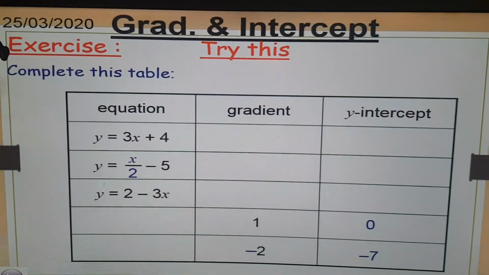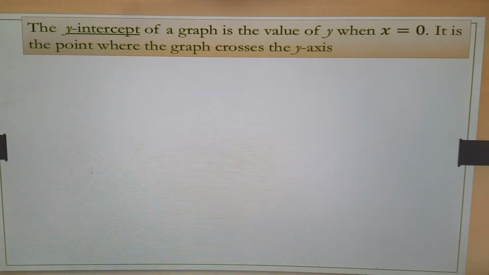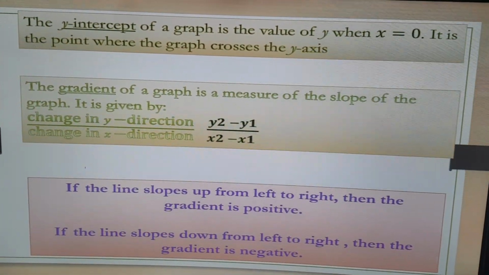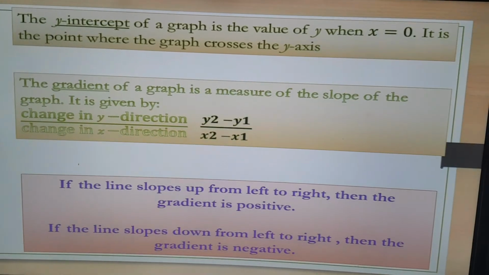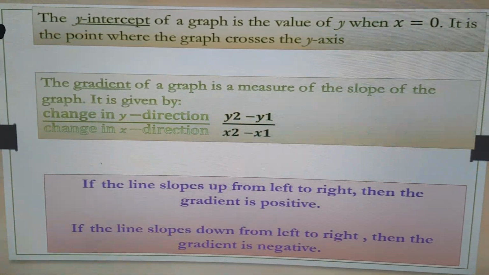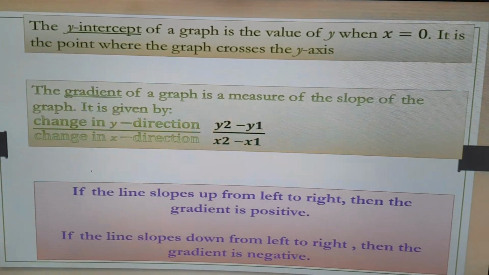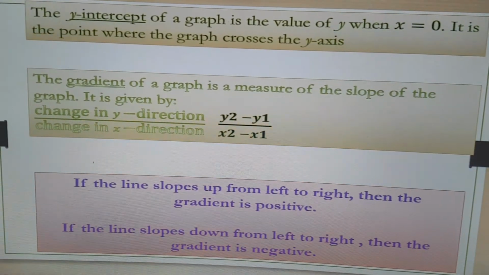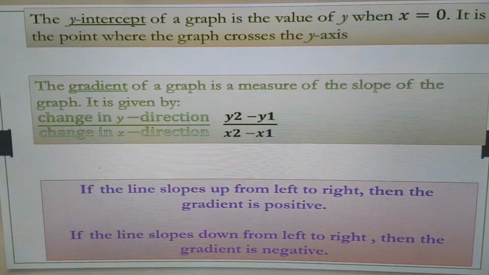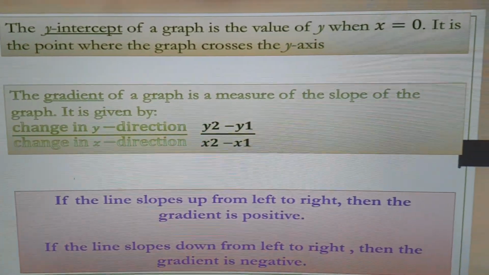All right. So we're going to move on to some of the key concepts that will be necessary for you to calculate the gradient of a line. Of course, I mentioned this at the beginning, that the y-intercept of a graph is the value of y when x is equal to 0.